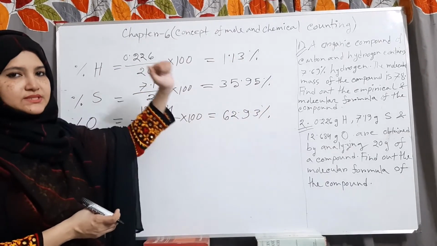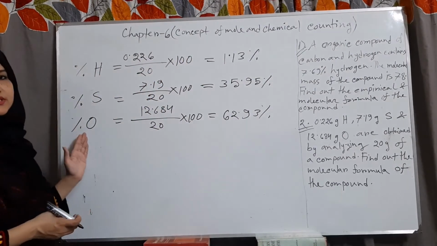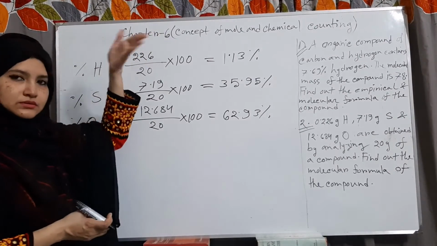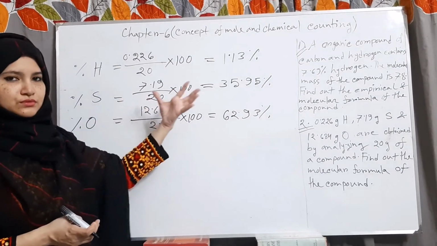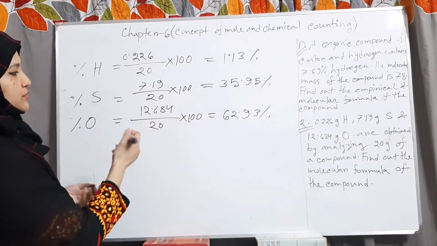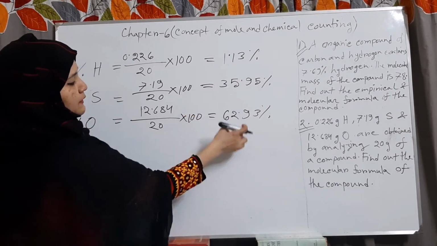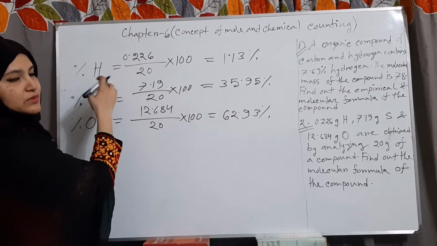That means our desired compound has hydrogen, sulfur and oxygen atoms in it. Now the same procedure we have to follow: at first we have to divide the percent composition by their respective atomic masses.